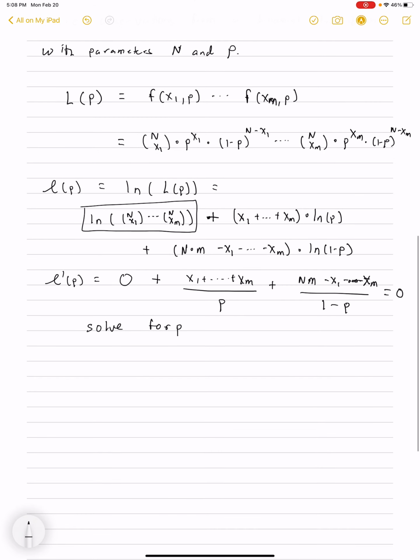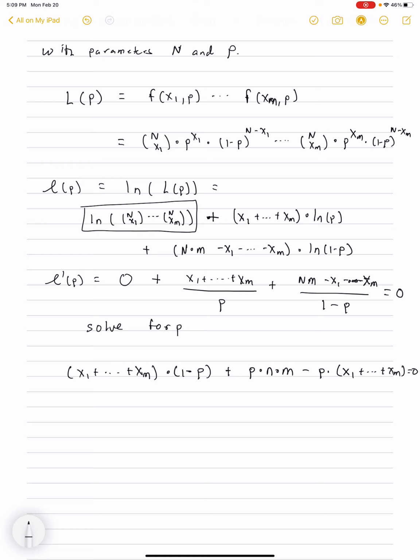So we're going to clear the denominators: x1 plus through x sub m times 1 minus p, plus p times n times m minus p times x sub 1 plus through x sub m equals 0.